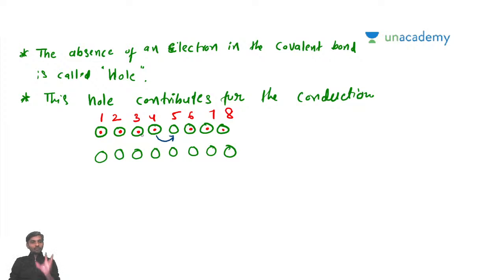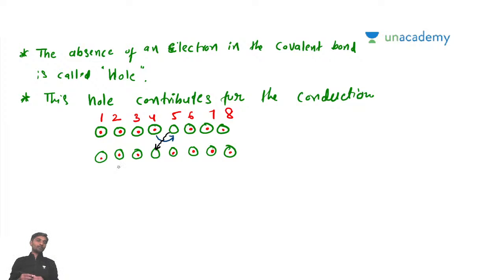Whenever the electron moves from the fourth place to the fifth place, what happens? You can find an empty space in the fourth, but the fifth space is filled. So you can see that a hole is shifted from here to here.